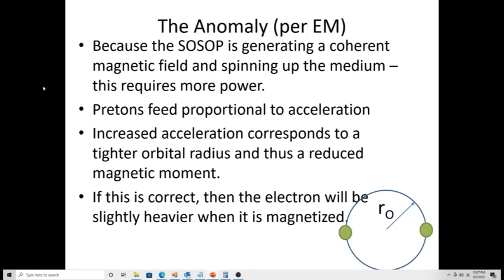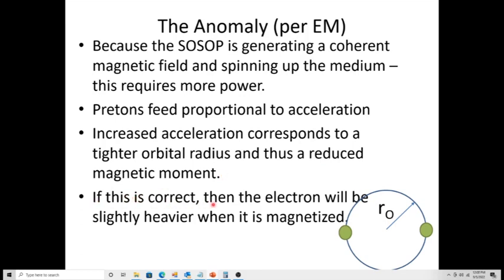And because pretons feed proportional to acceleration, and increased acceleration corresponds to a tighter orbital radius, the system is going to pull in its radius to consume ether at a higher rate. And like I showed you, the magnetic moment is proportional to the radius, and therefore the magnetic moment is going to become reduced.